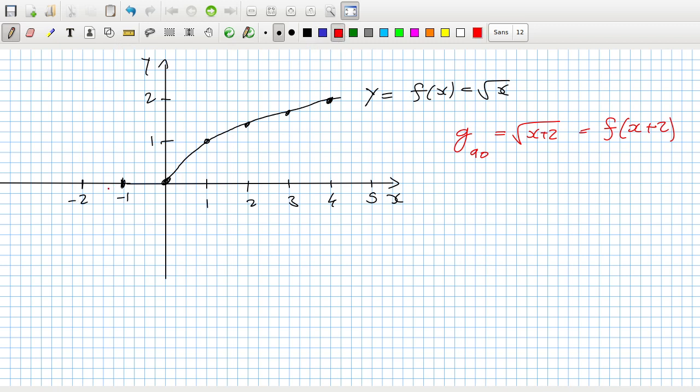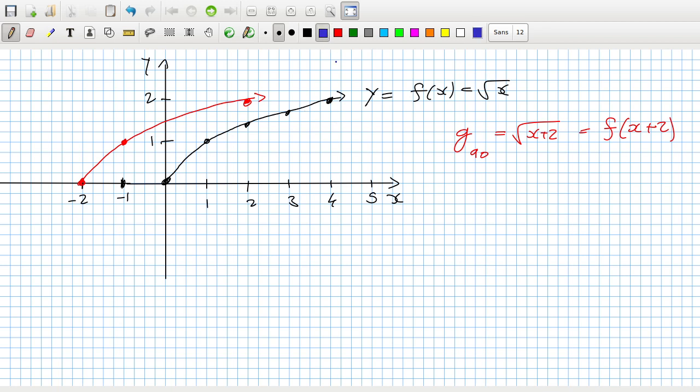This would be it here in red. That would be the 0, there would be 1, and 2 would be there. Okay, that looks okay. Let's shift it back 2 units.